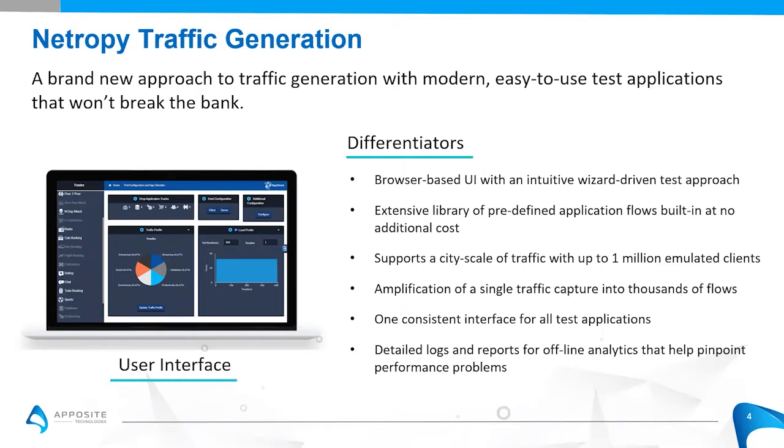So one thing that is really groundbreaking and people are very interested in is we have the ability to capture real payloads and amplify it. For example, we could record this Zoom call using Wireshark or TCP dump, and we can then load that into our device and we can multiply it thousands.